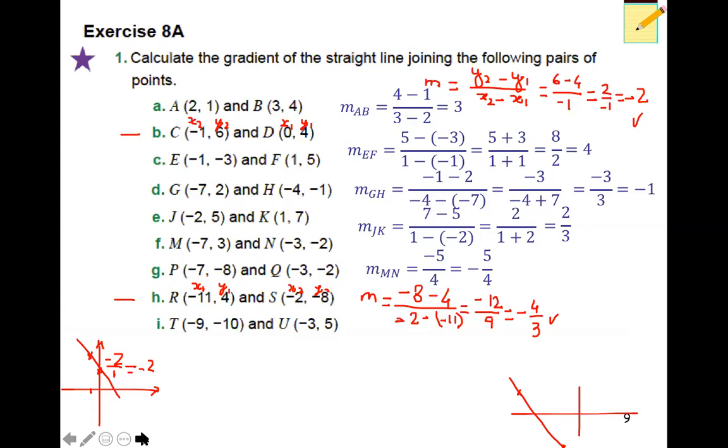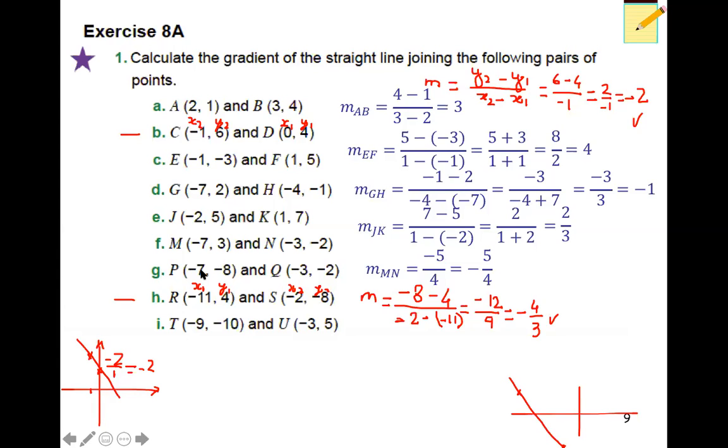G, -2 minus -8, which is -2 plus 8, which is going to be, so it looks like that should have been 5, -3 minus -7.